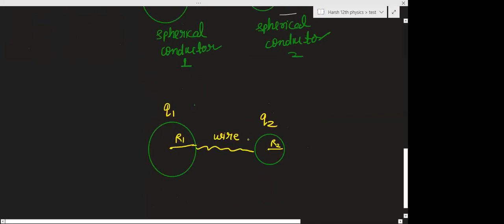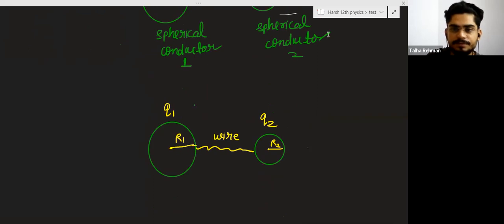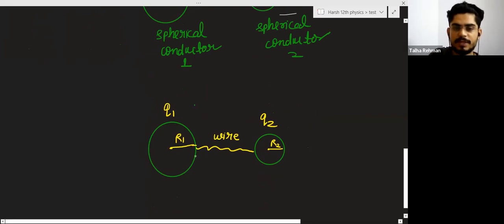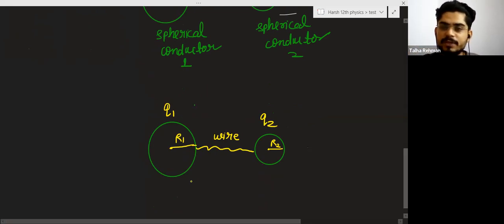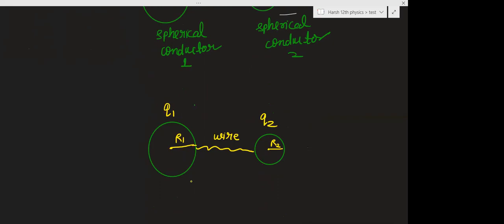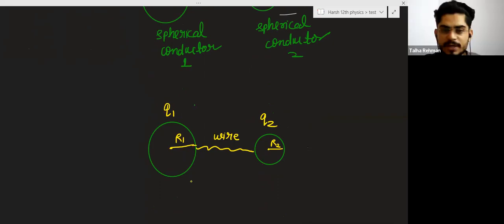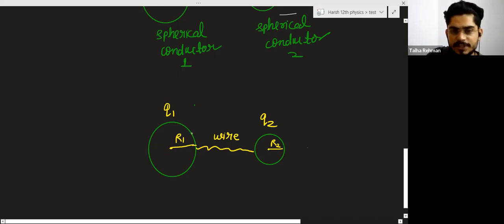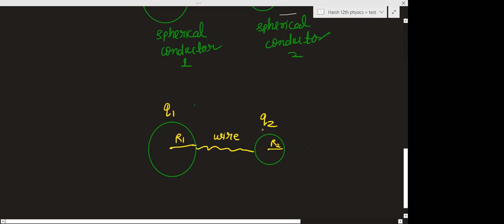Okay, fine. So see here, this is the case. Like you have heard about temperature, heat flows from higher temperature to lower temperature, and similarly, the charge will flow from higher potential to lower potential.